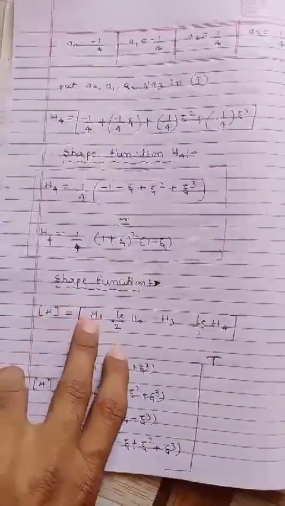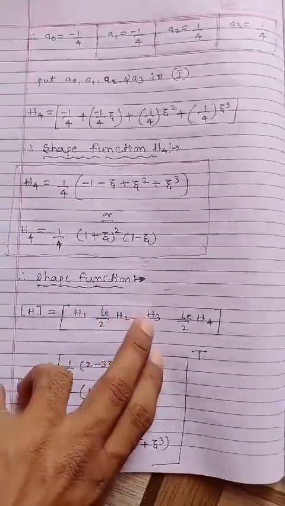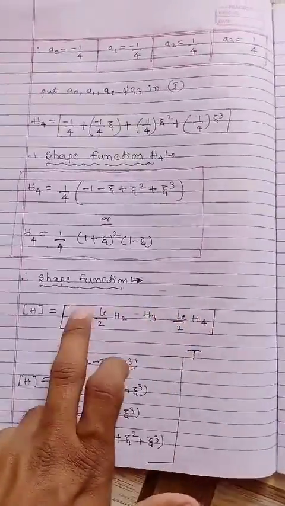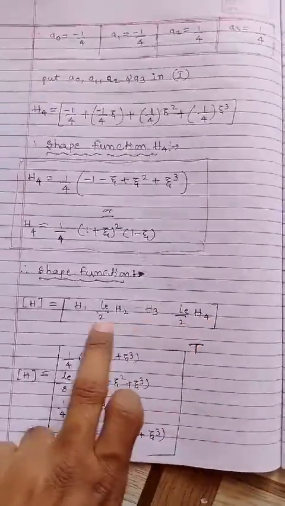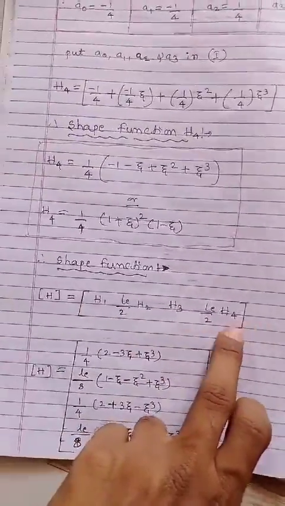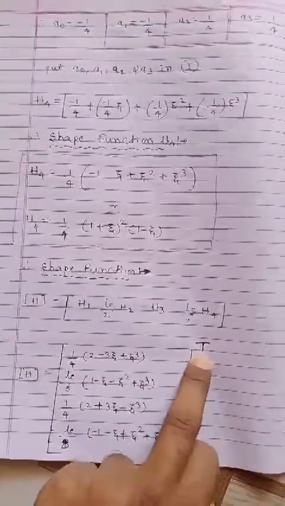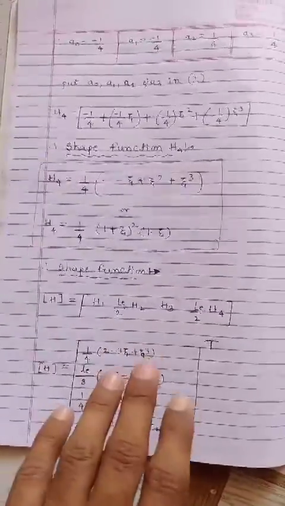The Hermite shape functions of a beam element are H1, Le by 2 H2, H3, Le by 2 H4. Now we know the values of H1, H2, H3 and H4. These are the four Hermite shape functions of a beam element. I wrote the transpose of this here.